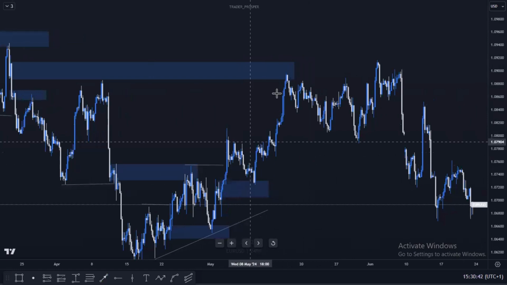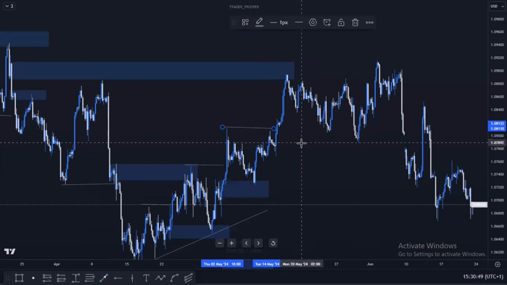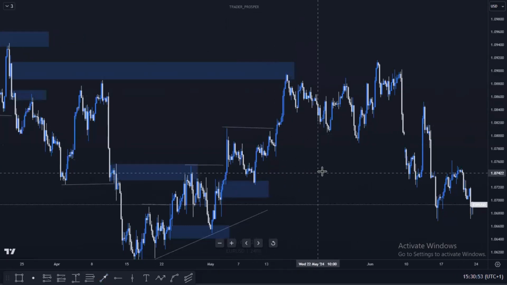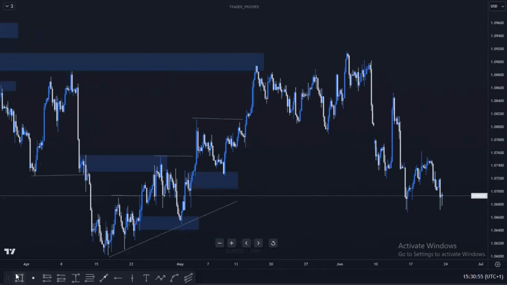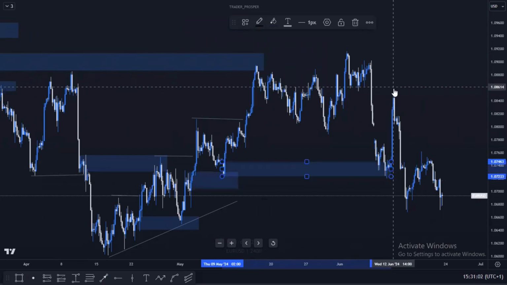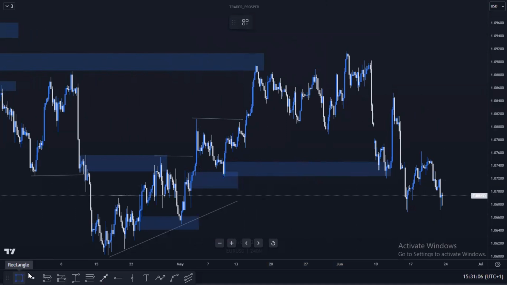Another one was here when price created another break of structure, and with this impulsive move upward, there was this demand zone resting here. When price got into that point, it pushed back upward, and another one was here.